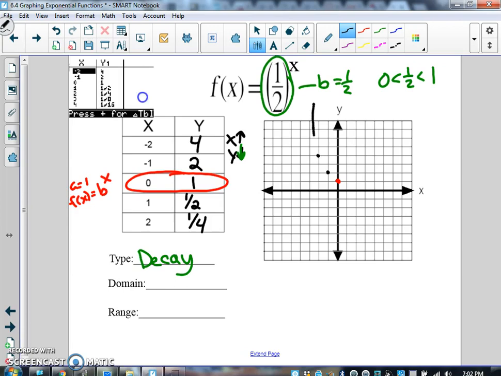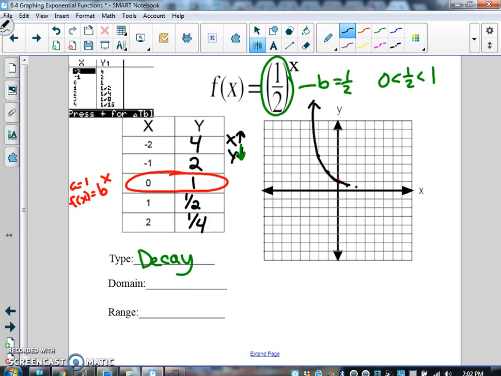I know it's a decay function, so I can start drawing it through the point 0, 1. And it's going to decay at the point 1, 1/2. I start at x equals 1, go to the right 1 and up 1/2. At the point 2, 1/4, I'm going to go to the right 2 and up 1/4.